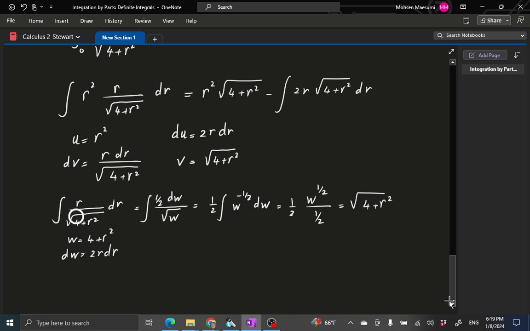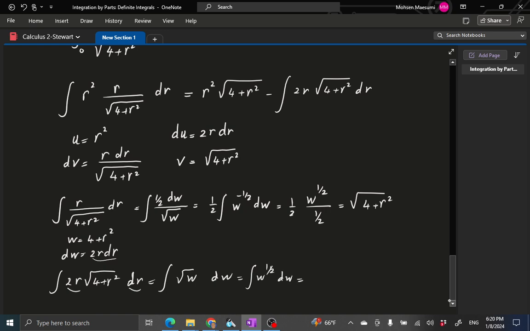Well, that one looks very similar to this. Let's write it here. I have 2r radical 4 plus r squared, use the exact same thing, so this is dr, of course. 2r dr, that's my dw, that's what we see here. And this is radical w, so of course you write it w to the power of 1/2 dw.